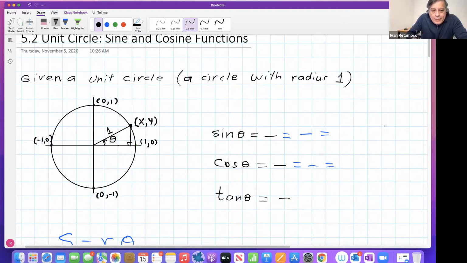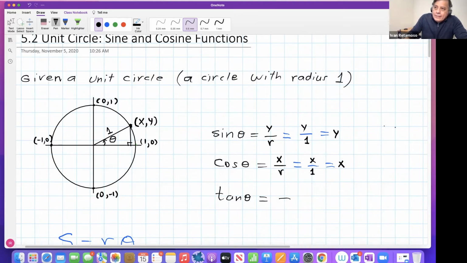But most importantly, we can say that sine, which was defined as y over r, since the radius is 1, look how it gets simplified. Y over 1, y. Sine of theta equals y. Cosine of theta under our general definition was x over r, but r is 1, so x.